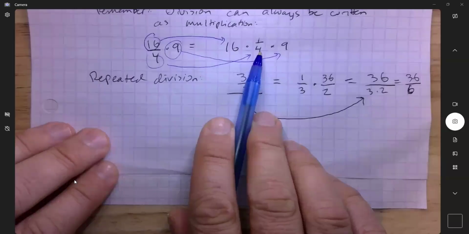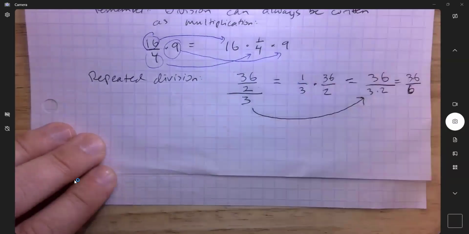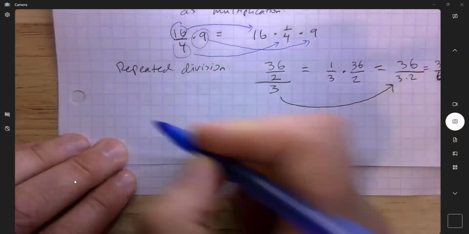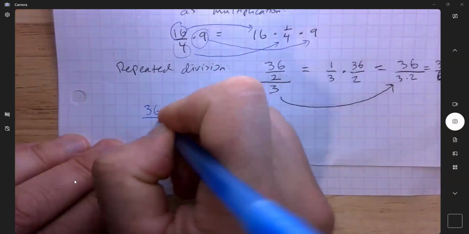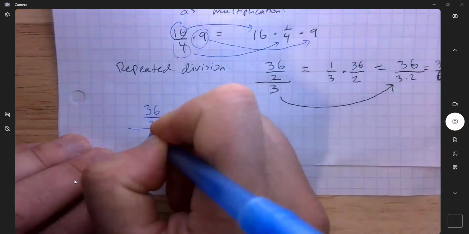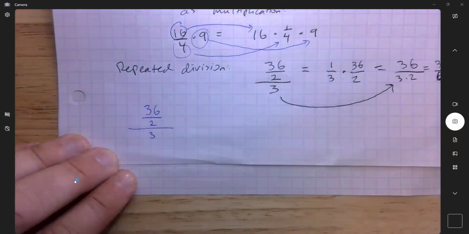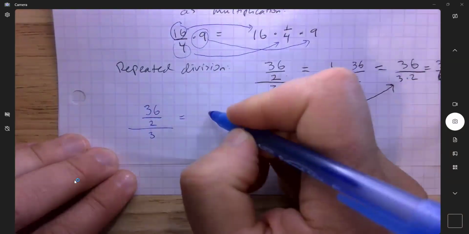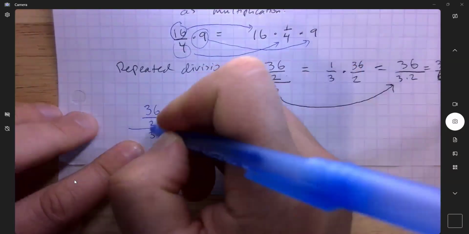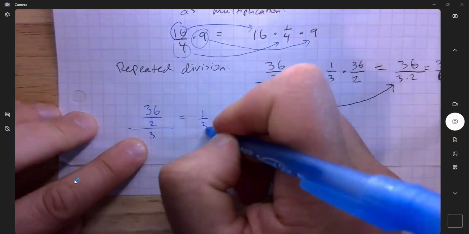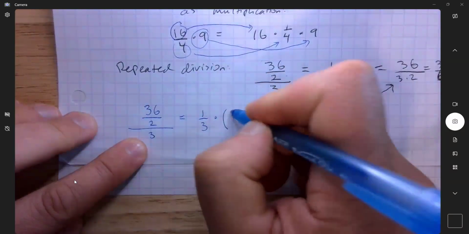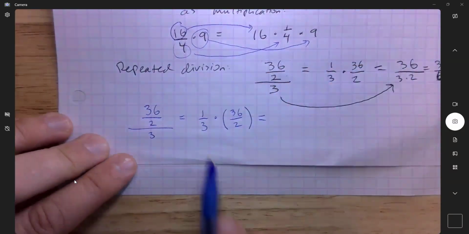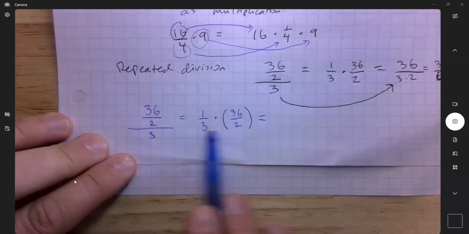Think about division as multiplication, because sometimes we end up with repeated division. And I will write this again so you can see what it looks like. If I take 36 divided by 2, and then I divide the whole thing by 3, well, I could write that as all of this divided by 3 could be all of that times 1/3. And now I don't have two levels of division to carry around.